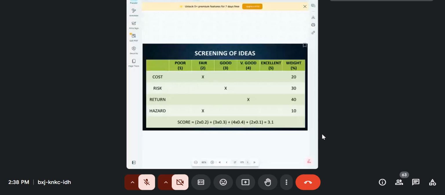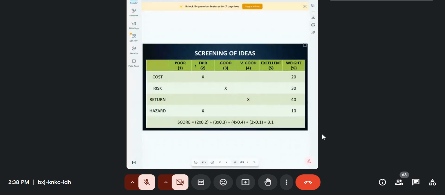So for example, this would be one of our metrics we might decide to use for screening our project. We might actually want to look at the cost of the project. Are there any risks in doing the project? Is there any return on investment in the project? Are there any hazards of doing this project?